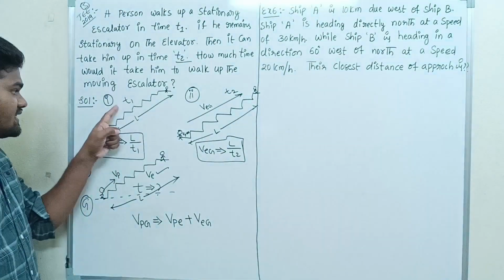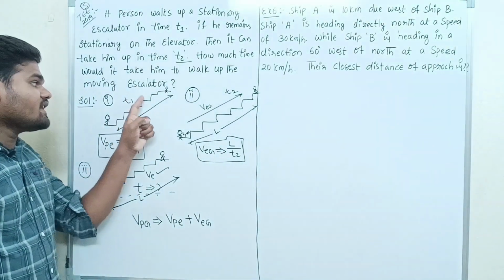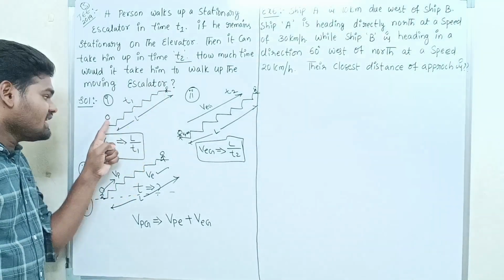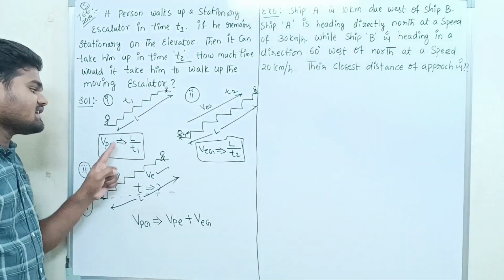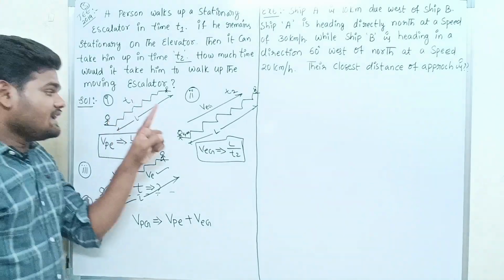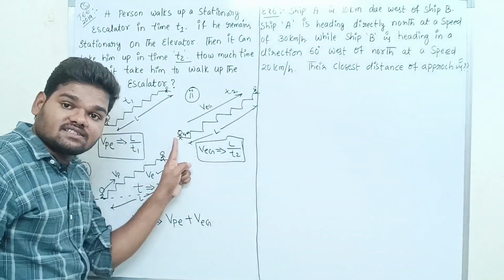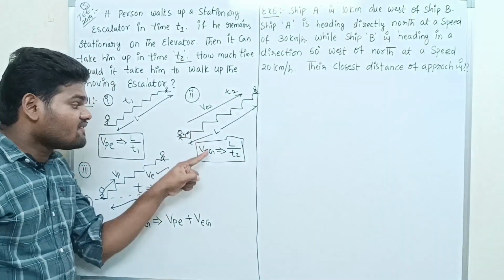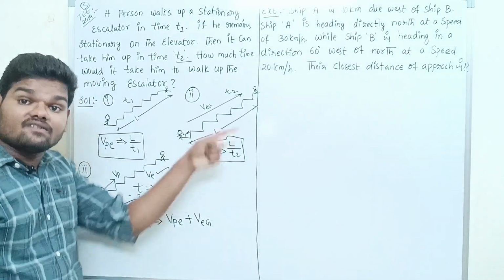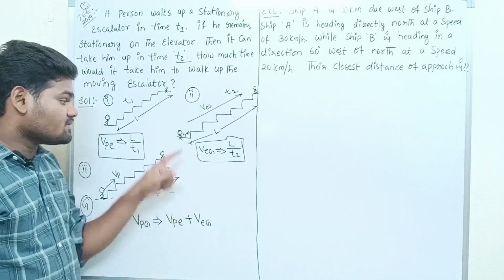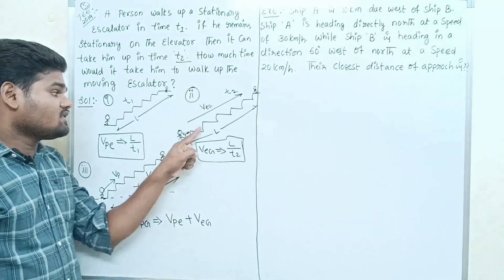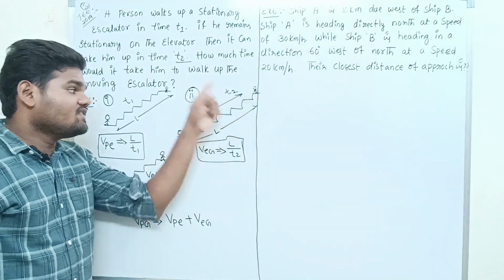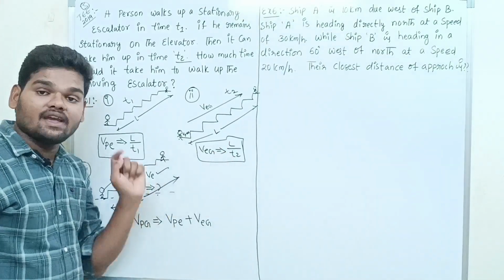In the first case, only the person is moving on the escalator, so his velocity with respect to the escalator is L by T1. In the second case, he is at rest and the escalator is in motion, so the velocity of the escalator with respect to ground is L by T2.